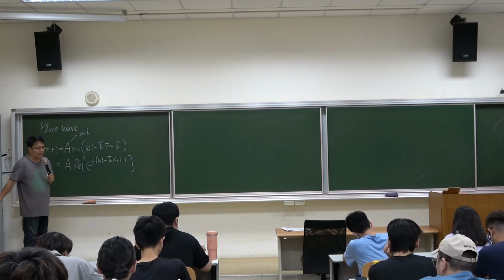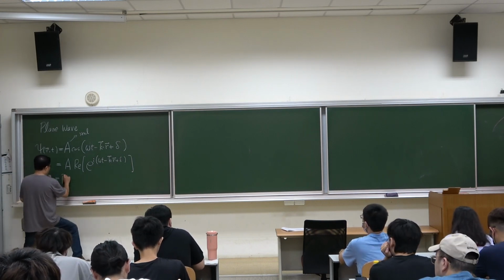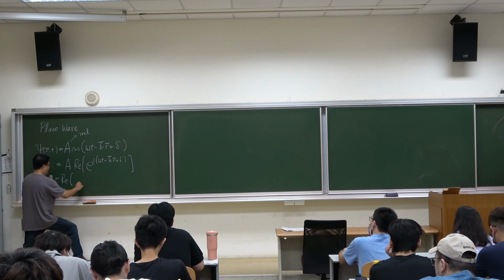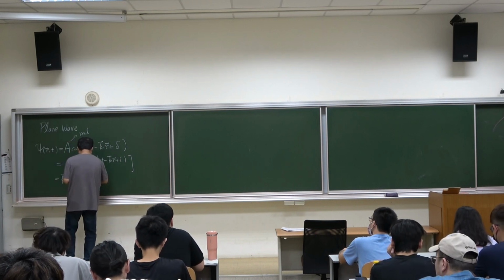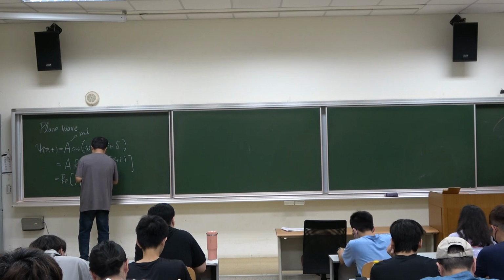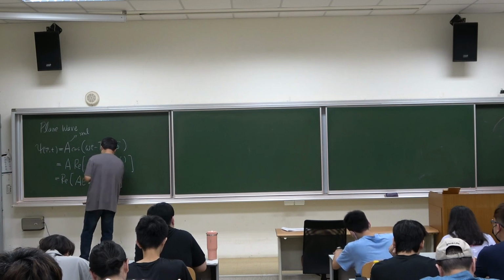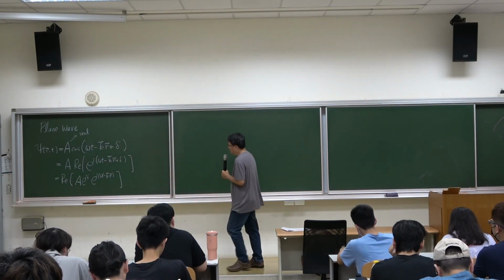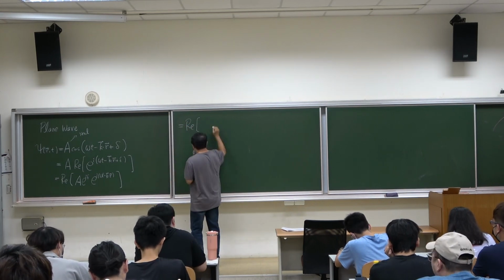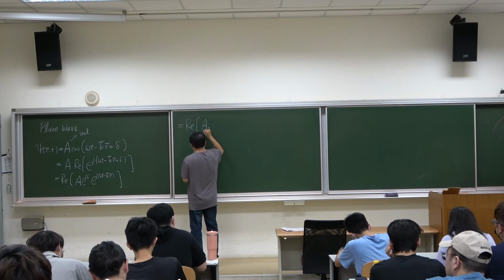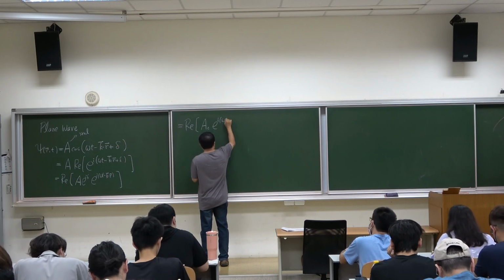I can write it like this. So this can be written as A exponential i delta times exponential i omega t minus k dot r. We can further simplify the representation like this.